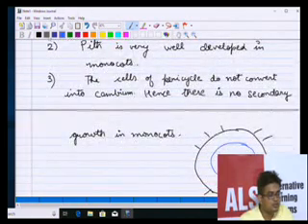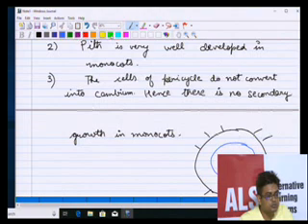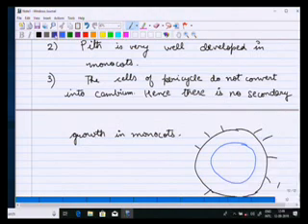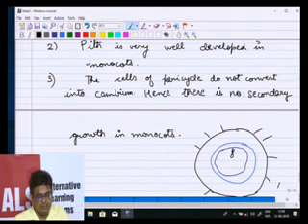So after that comes the pericycle. Let me choose a different color. This is the pericycle. Then the pericycle will have a lot of vascular bundles. So vascular bundles are going to be like this: 1, 2, 3.